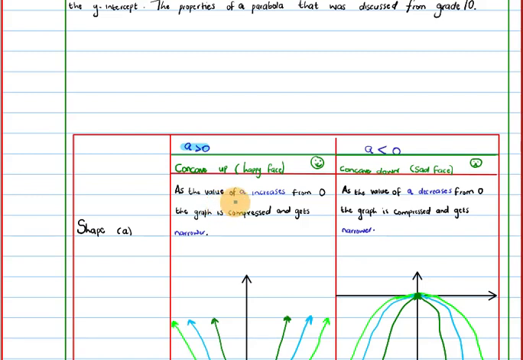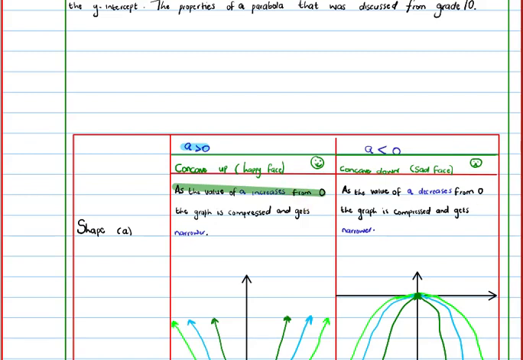As the value of A increases from 0, the graph is compressed and gets narrower. Starting from 0, keep growing, the graph keeps on being narrower.